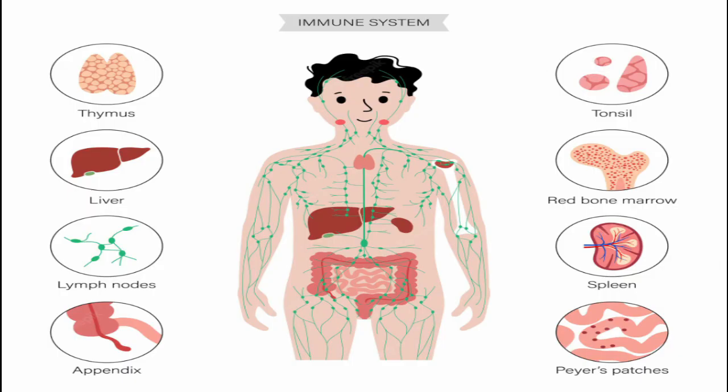Much of our digestive and respiratory system is lined with lymphatic tissue. This is required as those systems are exposed to the external environment. The most important sites of lymphoid tissues are the intestinal area, known as the Peyer's patch, as well as in the appendix.